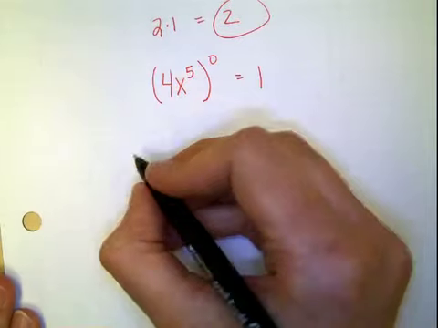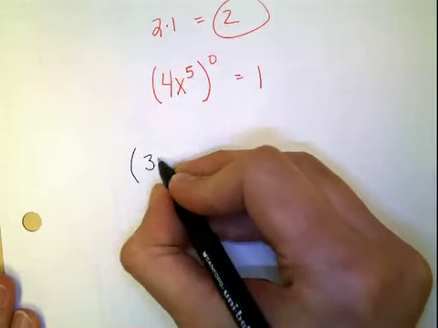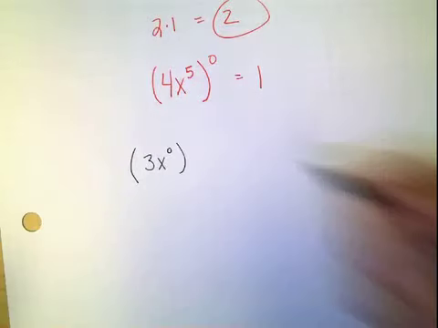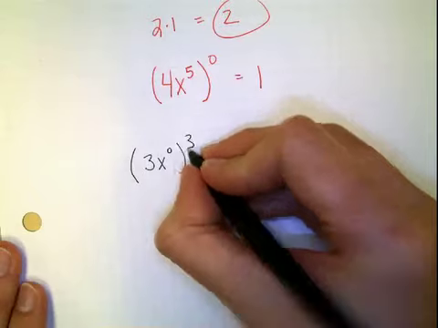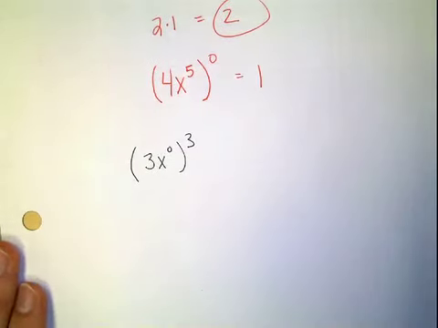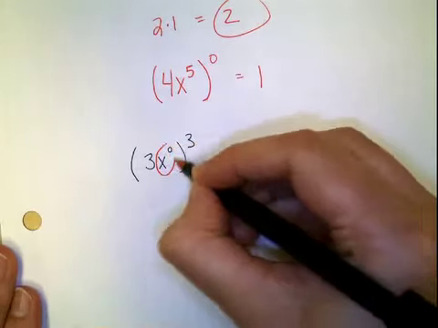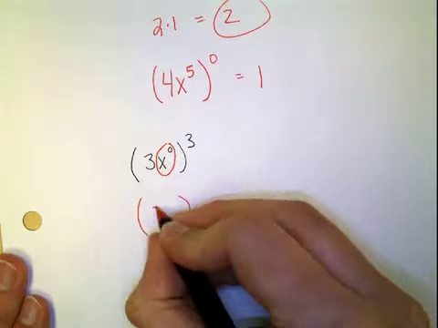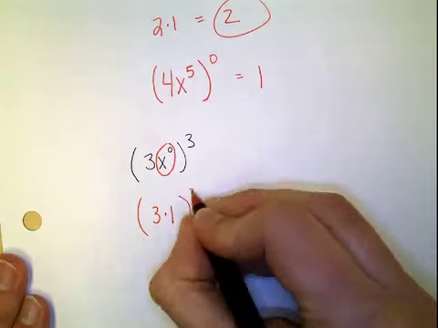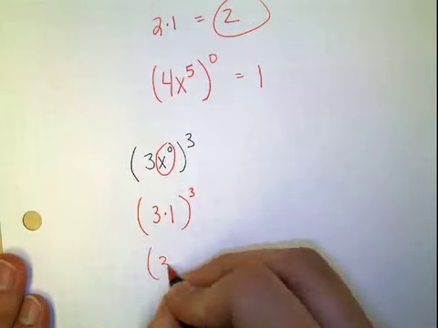So here's a complicated version, if you want to look at a little harder one. If you had 3x to the 0 in a parenthesis, all to the 3rd power, let's say. Well, start with the inside. What is x to the 0? It's 1. So really, what I have here is 3 times 1 to the 3rd power. And what is 3 times 1? It's 3.